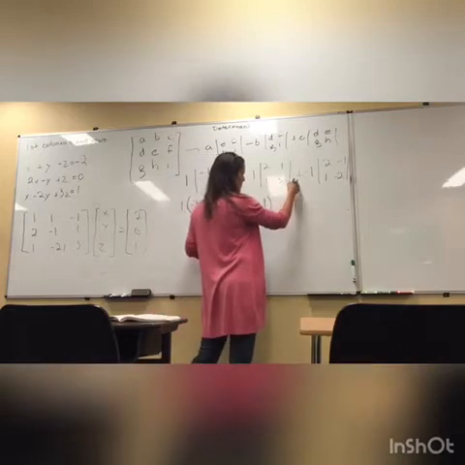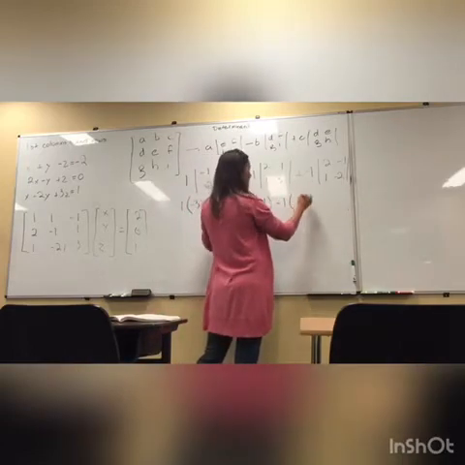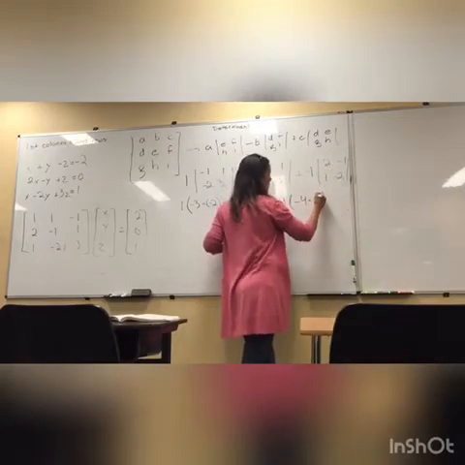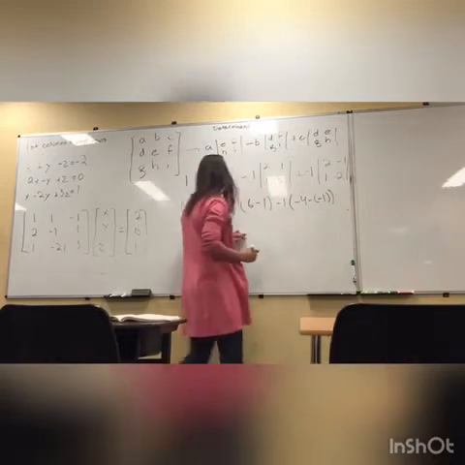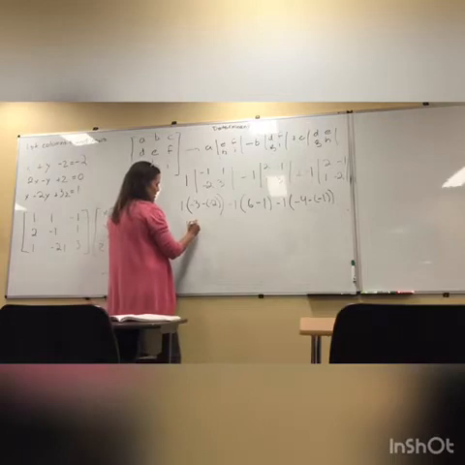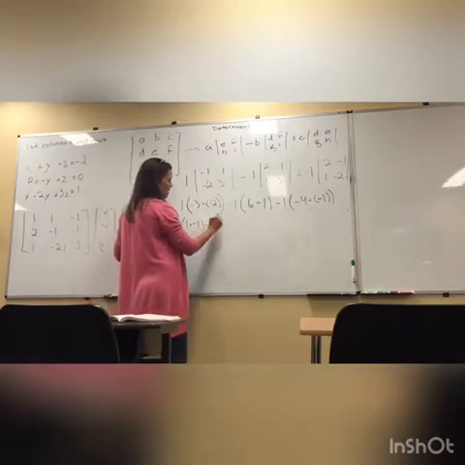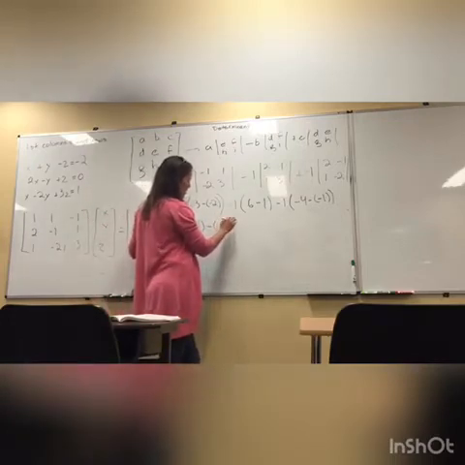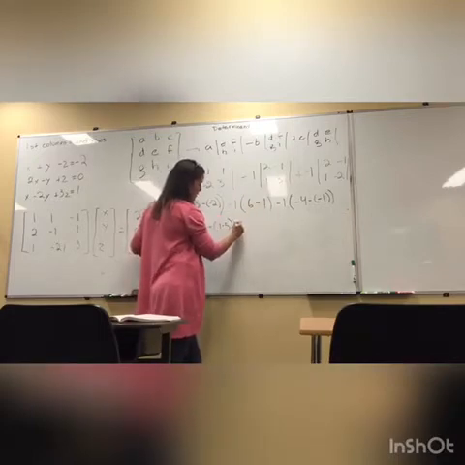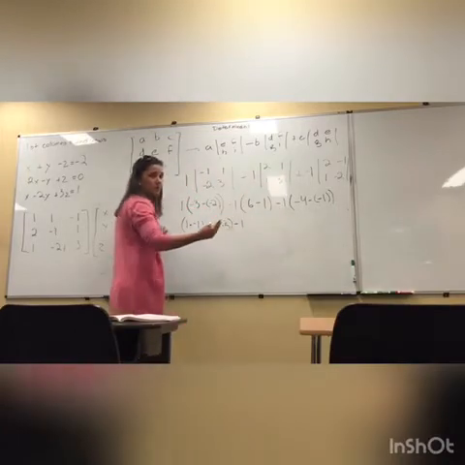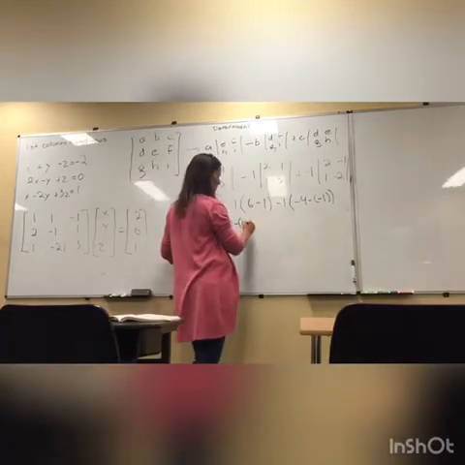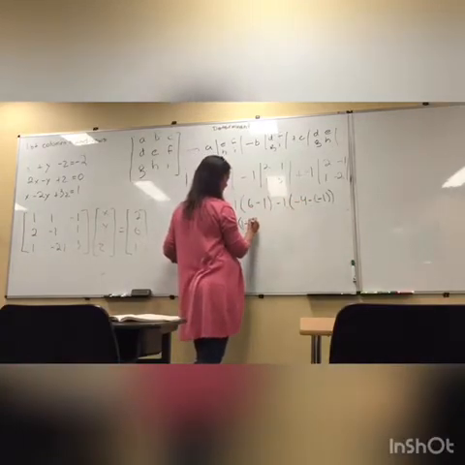Last one, plus -1, so I'm just going to make it -1, times 2 times -2, which is -4, minus 1 times -1, which is -1. So we have 1 times -3 plus 2, which is -1, minus 1 times 6 minus 1, which is 5, minus 1, remember it was just minus a negative, plus a negative, so we made it minus, times -4 plus 1, which is -3.